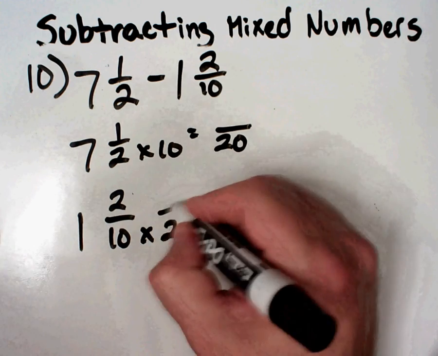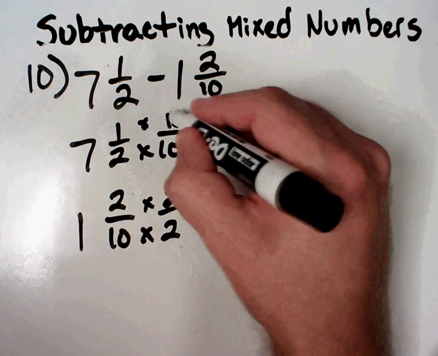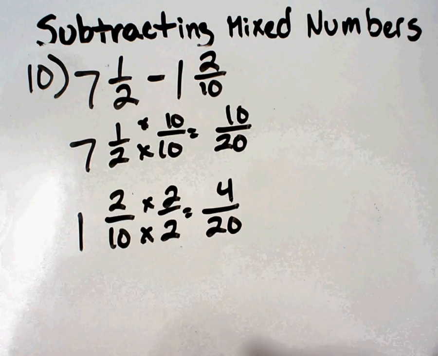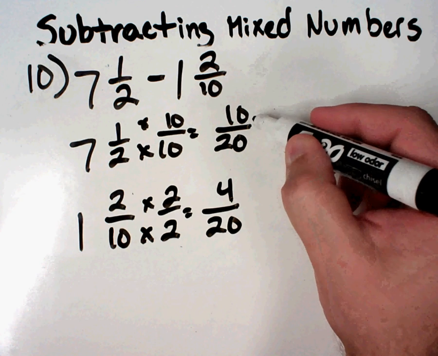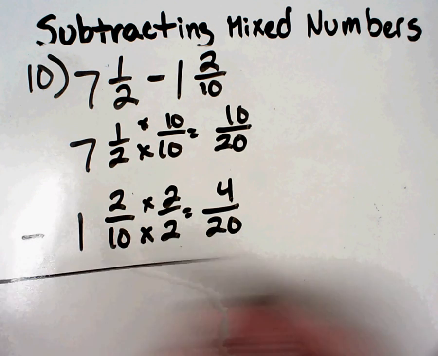Whatever I do to the denominator, I must also do to the numerator. So 1 times 10 gives me 10, 2 times 2 gives me 4. Because the 10 is greater than the 4 here, I do not have to regroup or borrow.